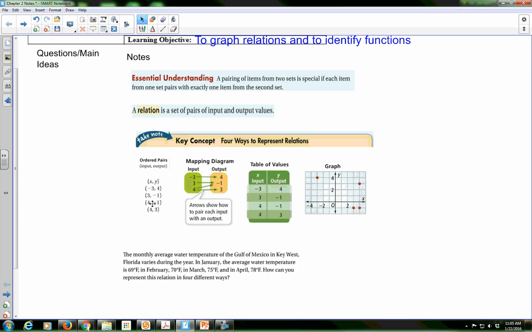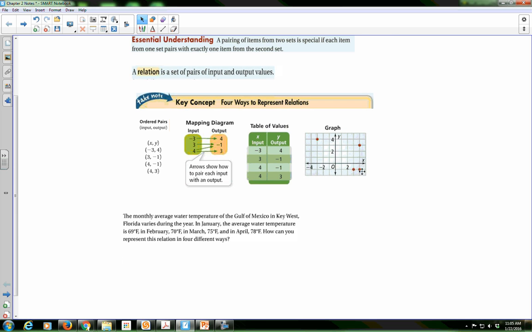So there are 4 points here on your graph. You're going to graph them x first and then y second, and they can be represented by a graph. All right, so we're going to take a look, make sure these are written down. In your notes, I do want you to circle ordered pairs.